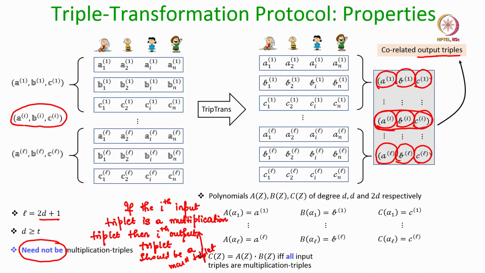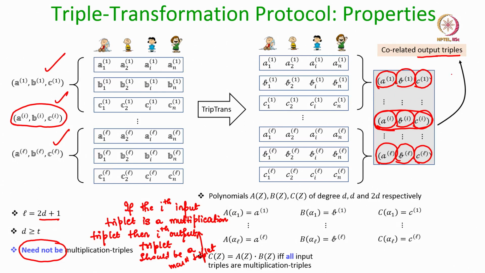That automatically guarantees that if all the input triplets are multiplication triplets, the first, the second, the ith and the nth, then automatically all the output triplets will be multiplication triplets.